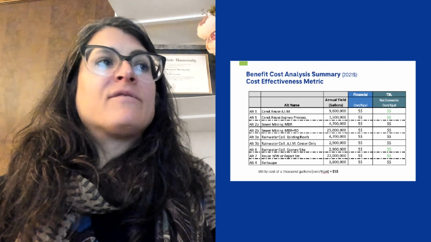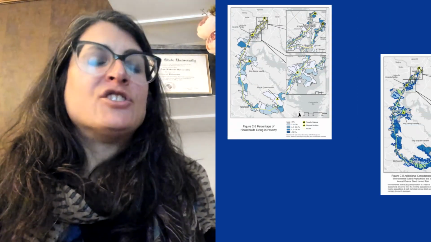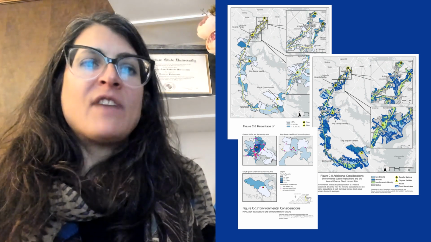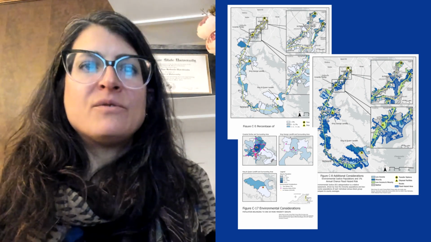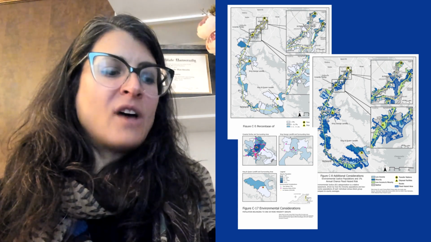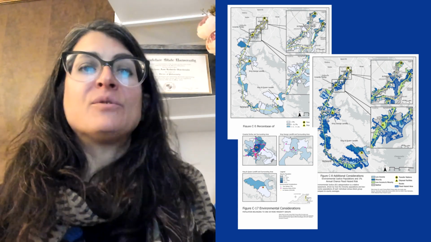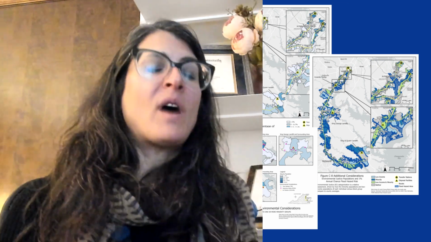We do a lot of demographic, GIS mapping of communities, disadvantaged communities, land use. And we also use multi-criteria decision analysis as a tool to help us look at those quantitative, qualitative, and monetized criteria in a holistic, comprehensive manner.